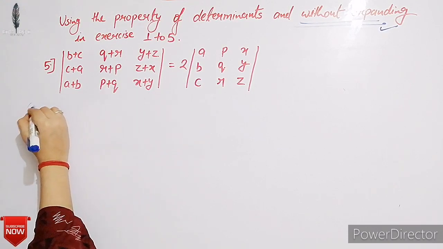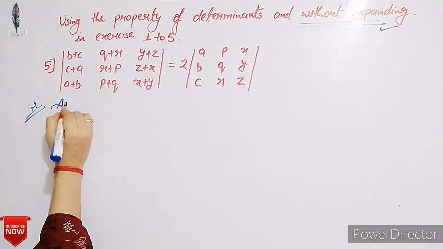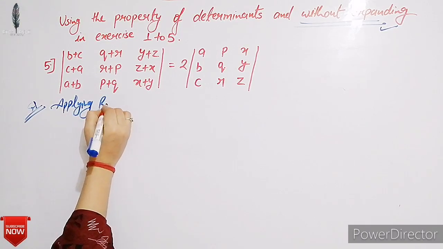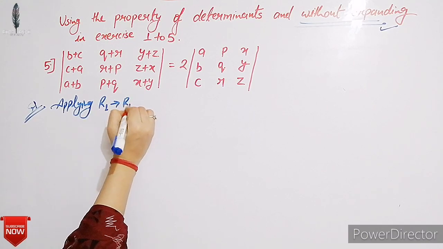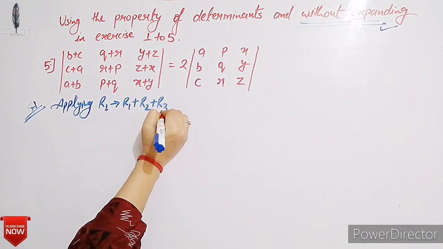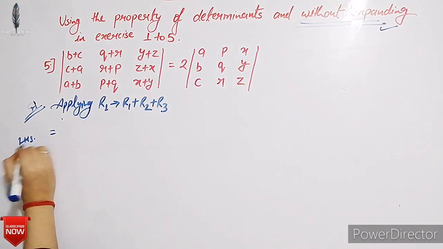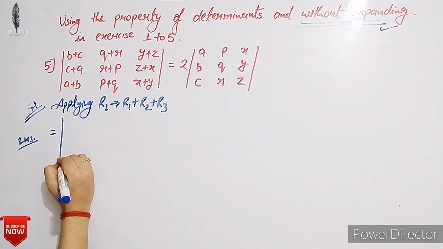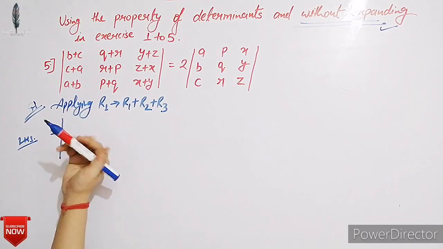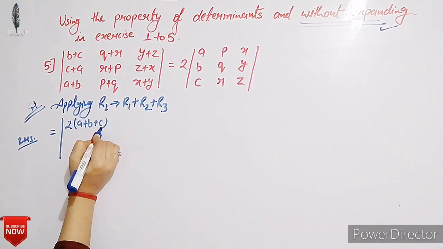Here we have to prove that. So let's solve it. In LHS part, applying the change R1 becomes R1 plus R2 plus R3, we have here b plus c plus c plus a plus a plus b, that is twice of a plus b plus c.